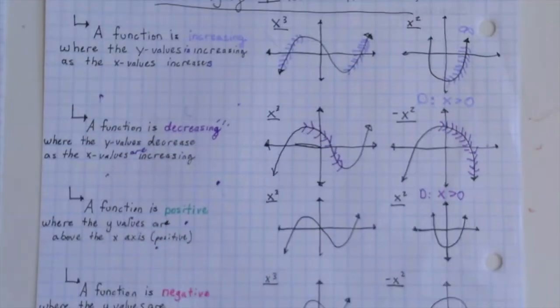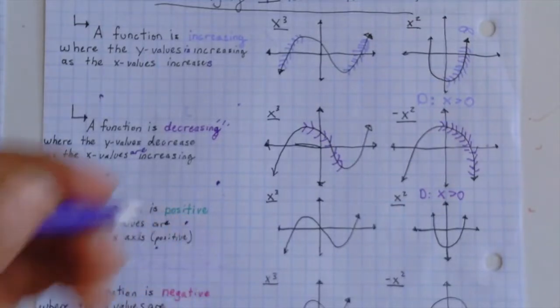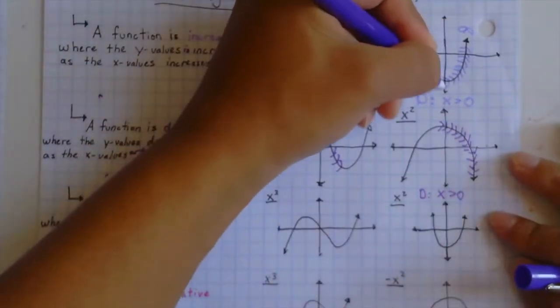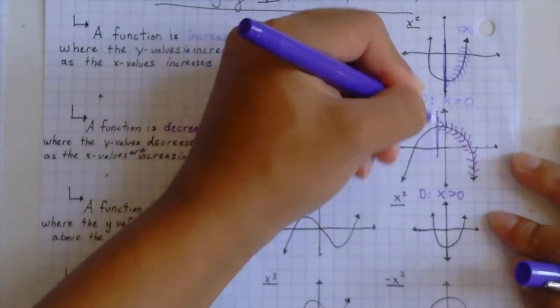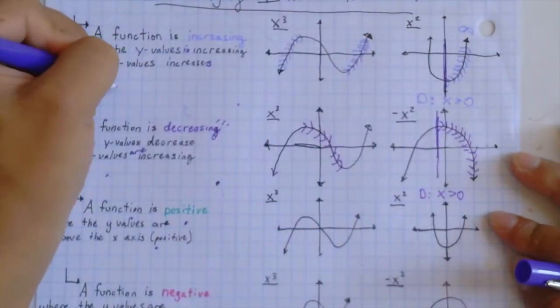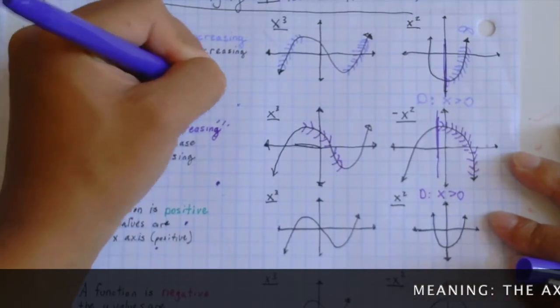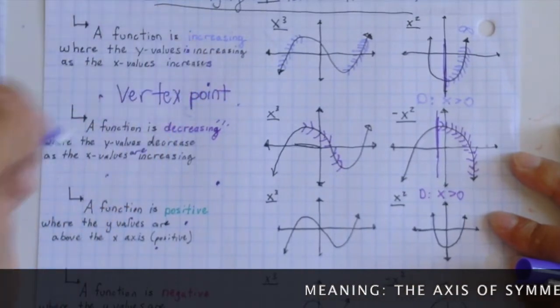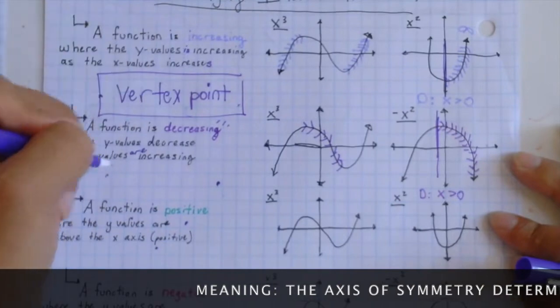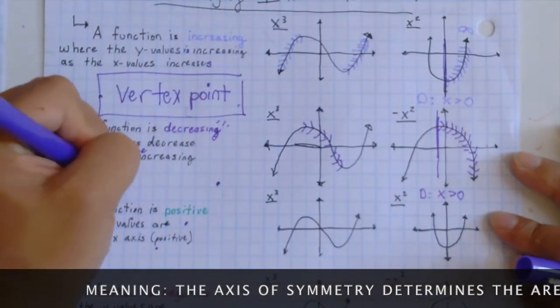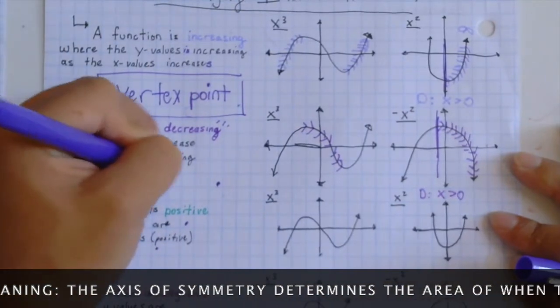And a really important key factor to identify is that they start increasing or decreasing at the vertex point and the axis of symmetry.